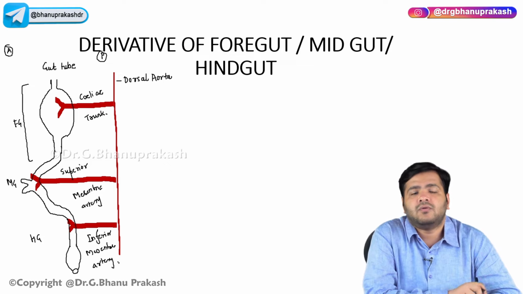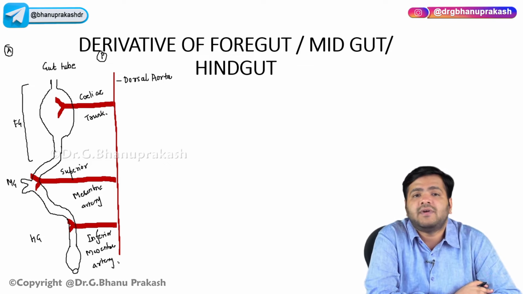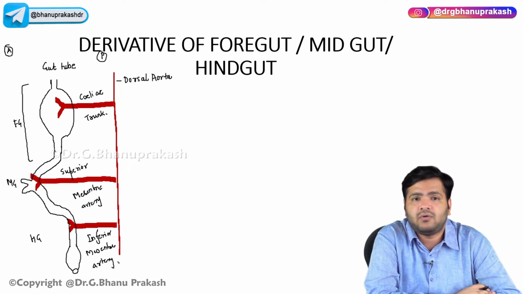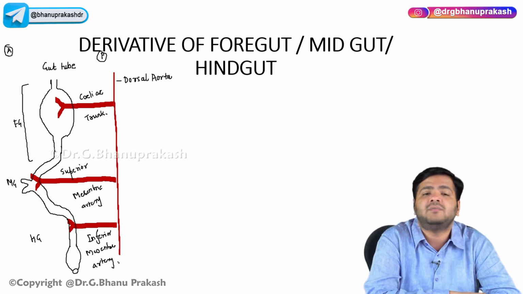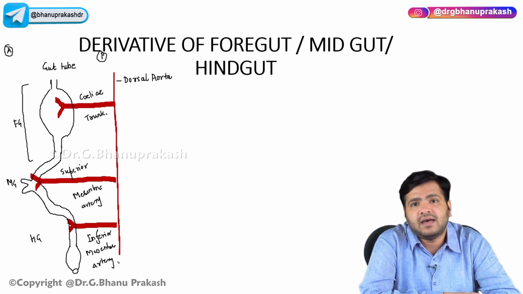So the foregut, midgut and hindgut are divided on the basis of the branches they receive from the dorsal aorta. The celiac trunk supplies the foregut, the superior mesenteric trunk supplies the midgut, and the inferior mesenteric trunk supplies the hindgut.